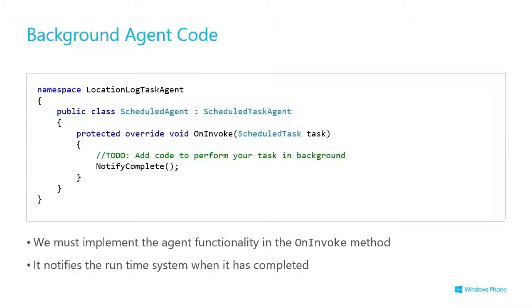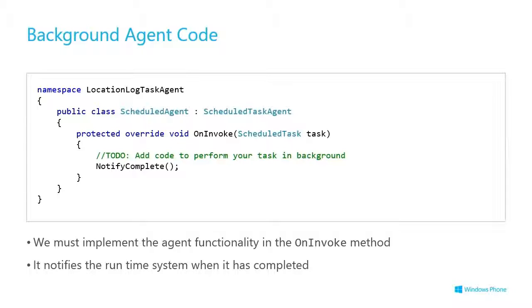Normally when you reference something in a class library and haven't actually referenced it, you get a compilation error because you're referencing some object that's defined in the other project. But with these, there's nothing that's going to turn up at compile time if you've forgotten to add the reference. It just won't work. So if your background agent doesn't seem to be running, the first thing I would check is that you've actually remembered to add a reference from your foreground app to the background agent project. Important stuff, or it won't work.